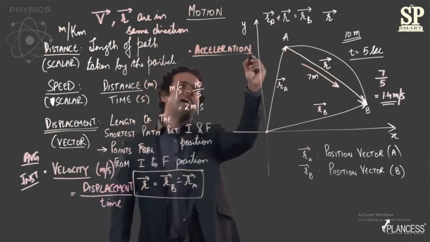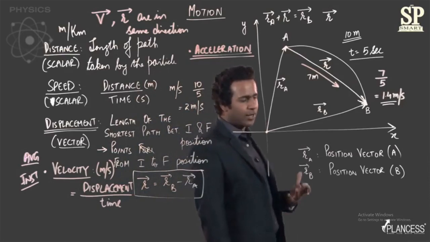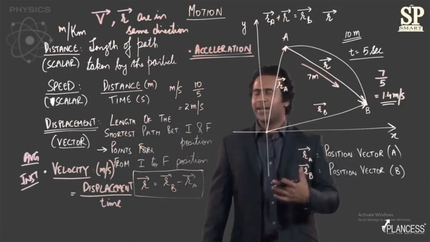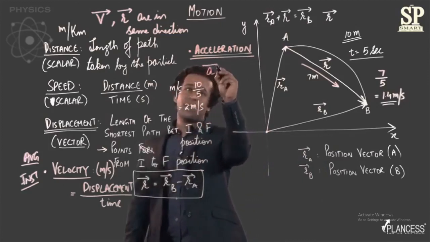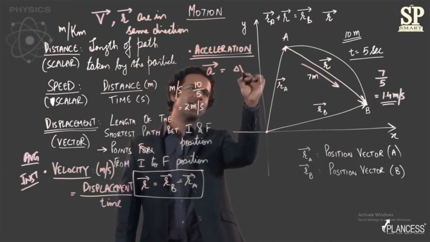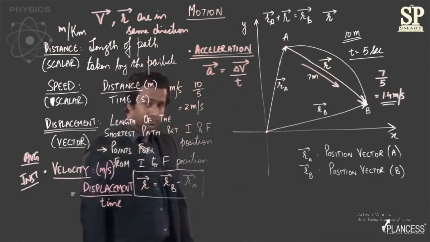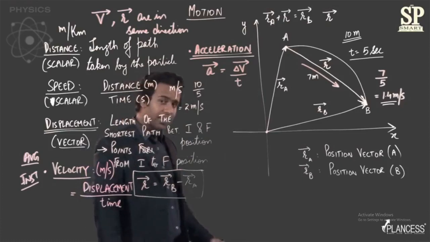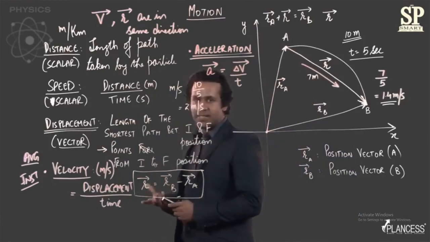Now, once again, I'm sure you've heard and read about acceleration in your previous classes, but let's once again define it. So acceleration is again a vector, and it is defined as the change in velocity divided by the time taken. Right? So what acceleration measures is the rate at which speed changes.